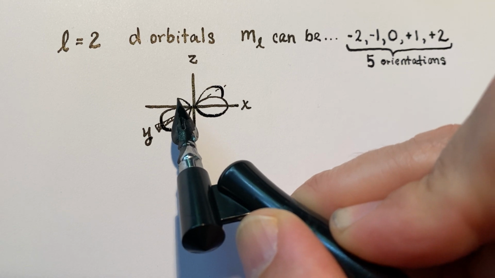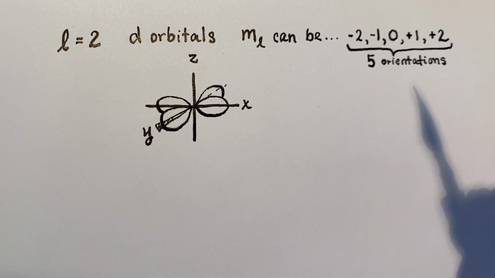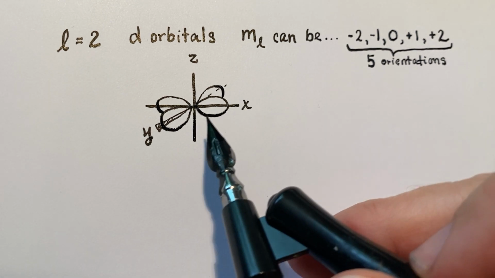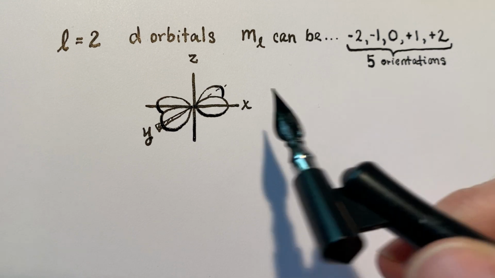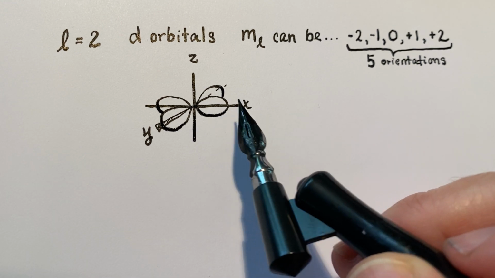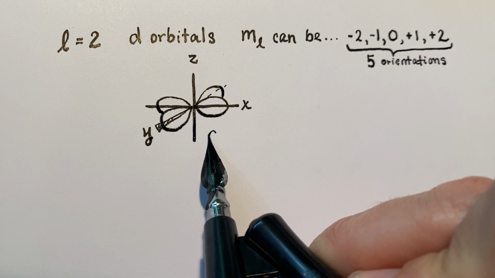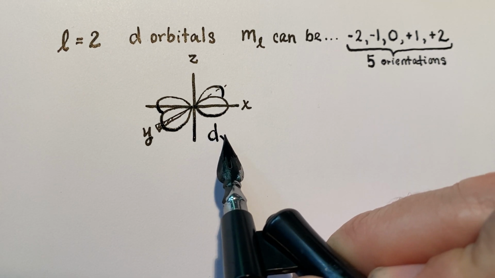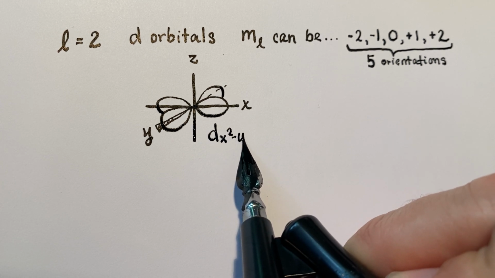This one looks kind of like a clover leaf. Okay, so this particular orbital, where the four lobes lie on the axes, this is called the dx squared minus y squared.